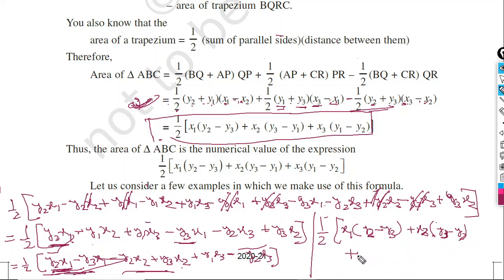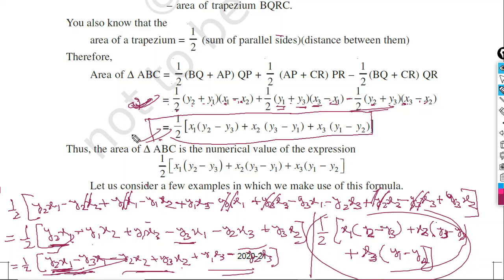Then plus, x3 is common, x3 into (y1 - y2). So here it is a formula. This formula is nothing but this one: 1 by 2 into x1. No need to erase. So here we got this formula. This is the formula when three vertices of a triangle are given and we have to find the area of the triangle.